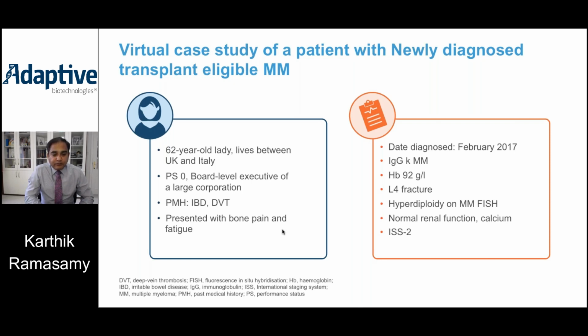She presents with bone pain and fatigue. She was diagnosed in February 2017 with IgG kappa myeloma, hemoglobin of 92, a fracture of the L4 vertebra, and hyperdiploidy on myeloma FISH at diagnosis. She has normal renal function and calcium and an ISS stage 2. So a standard risk disease presentation with ISS stage 2.